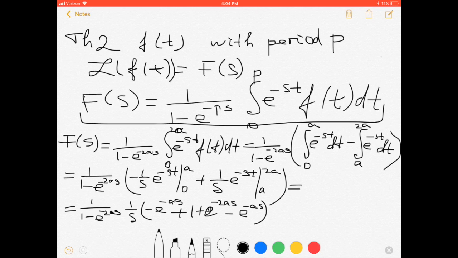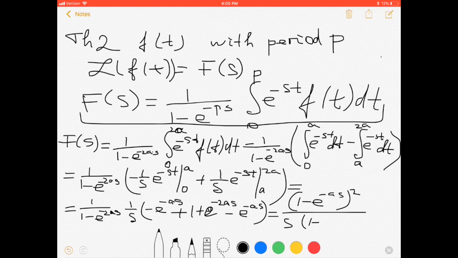Okay? A simple rewrite: this is a full square, and it will be 1 minus e to the minus as, squared, over s, and remember the coefficient.